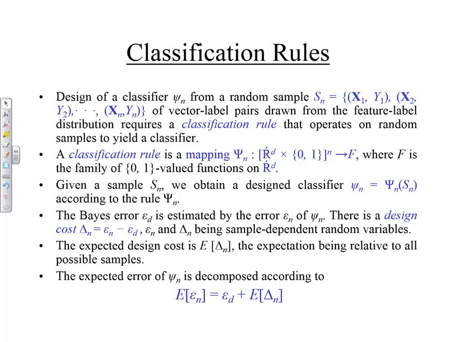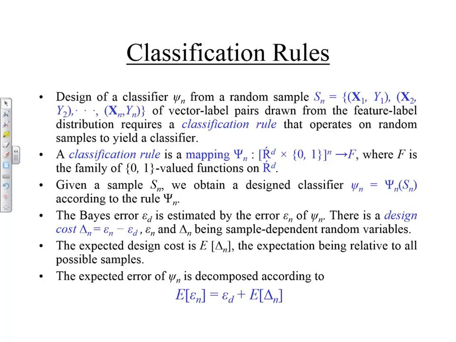A classification rule is a mapping psi sub n which takes in the d-dimensional feature vector, cross product with the class label, and it is going to spit out a function f, where f is the family of 0, 1 valued functions on R^d, because you are looking over binary classes. It can be others.